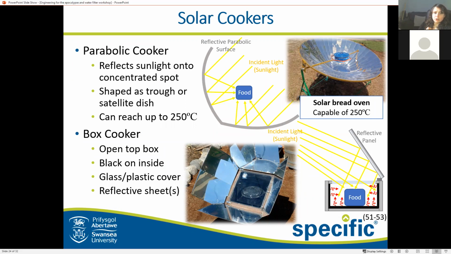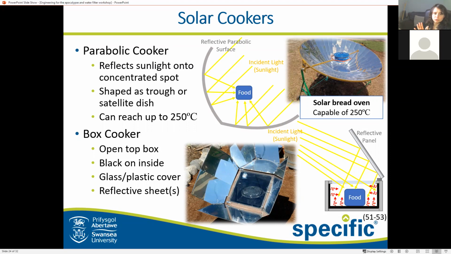The parabolic reflector solar cookers work by reflecting the sunlight onto a concentrated spot, in this case the food, using a series of reflective surfaces positioned in either a trough or satellite dish shape, which directs the light beams into the desired position.